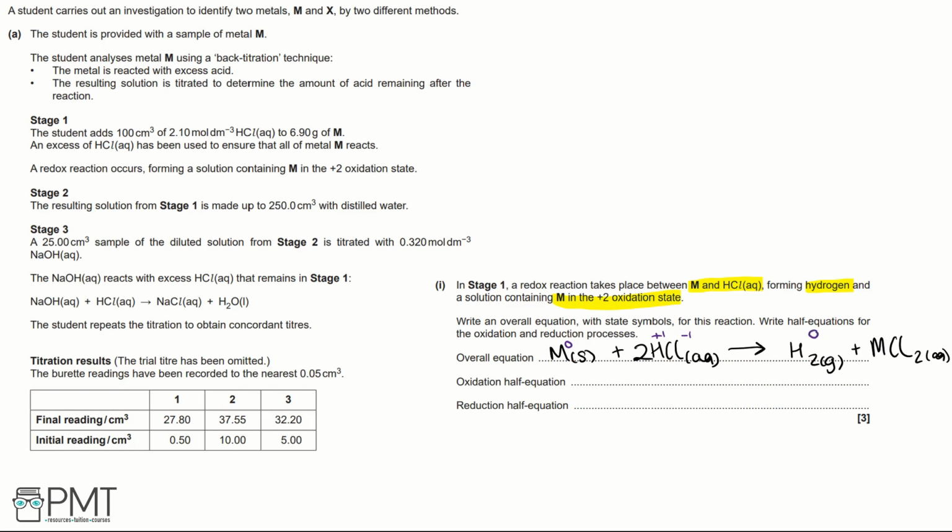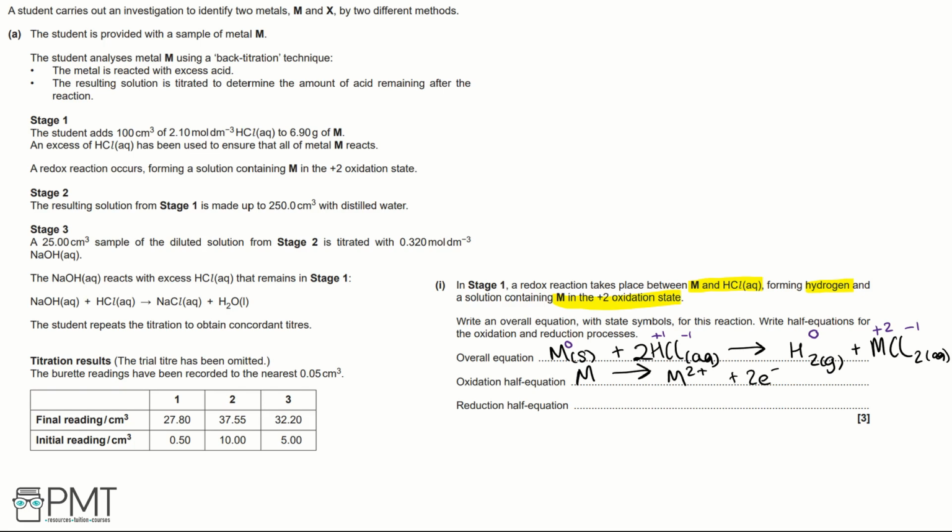And in the solution, we'll have the 2+ M oxidation state and chlorine will have -1. So the oxidation, the loss of electrons, is going to be metal M. It starts off as M and then becomes M2+ with 2 electrons, because we've lost these 2 electrons.